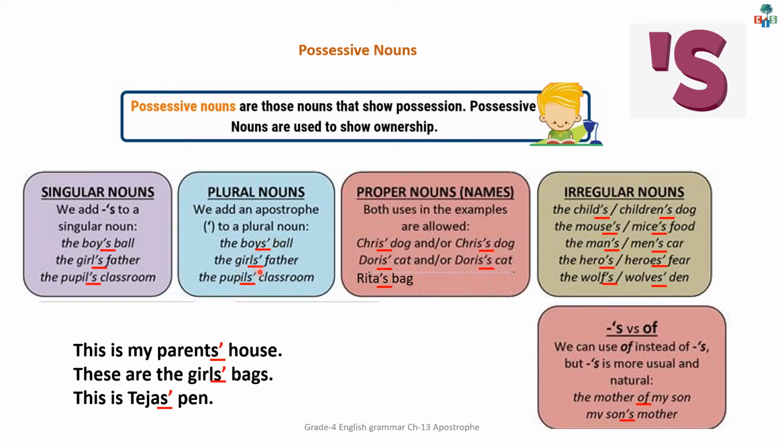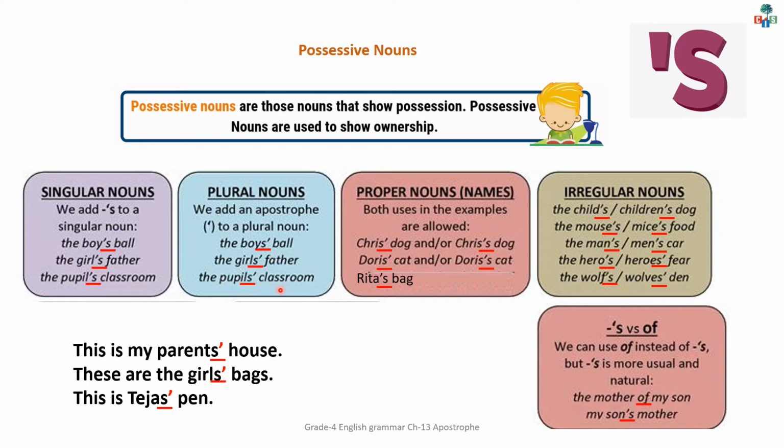The girls' father means, what is the plural of girl? Girls. And the father belongs to many girls. So at that time you will insert an apostrophe mark after an S. The pupils' classroom.